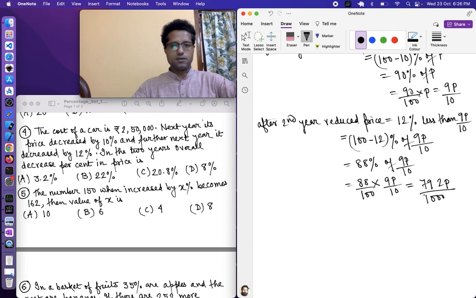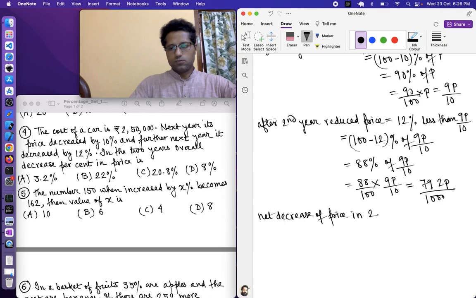The question is, in the 2 years, the overall decrease percent in the price. So first we have to find the net decrease of price in 2 years. The original price was P and the final price after the end of 2 years is 792P by 1000.